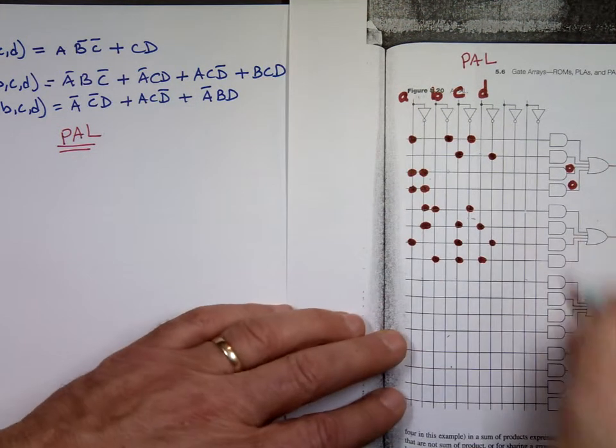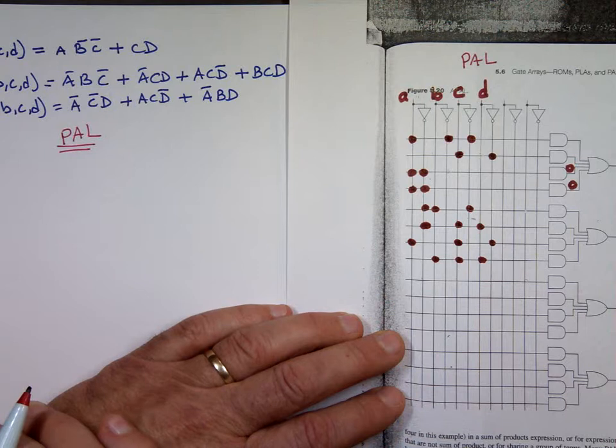And notice I'm using all these AND gates, so I'm good. I don't have to kill any of them.